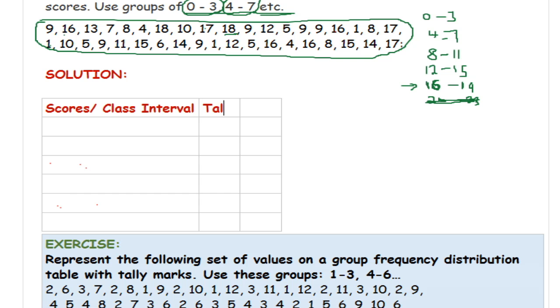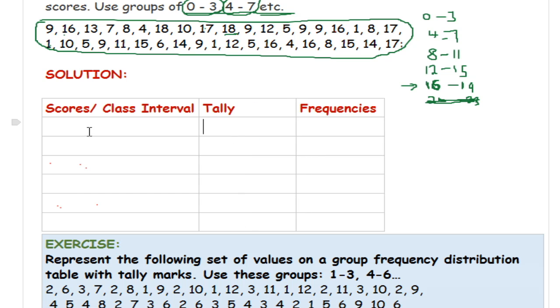The next column will be for the tally marks, and the next column will be for the frequencies. I'm going to write out the class intervals: 0 to 3, 4 to 7, 8 to 11, 12 to 15, 16 to 19.